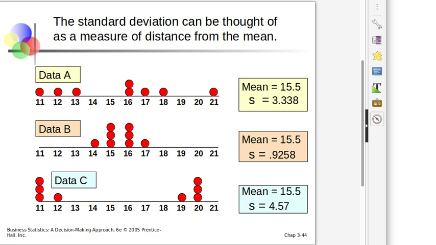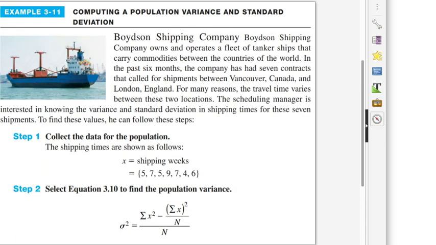You notice here, data B, its standard deviation is not even 1 because they are compact, close together. But they are spread out. So that's standard deviation. Now we have an example here.